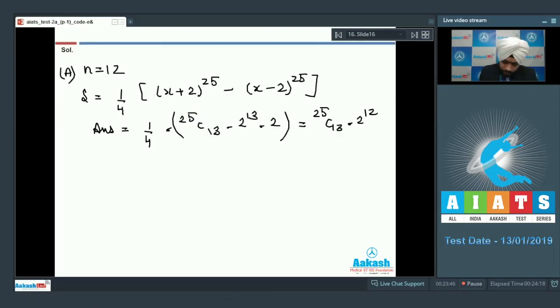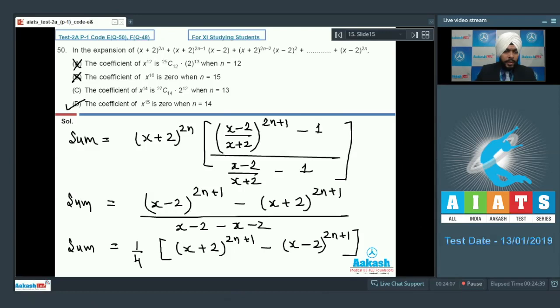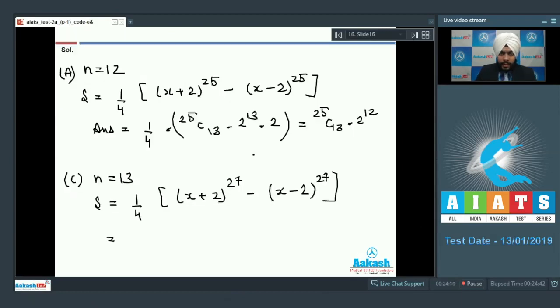Now let us put n equal to 13 for option number C. What is S? S will be 1/4 (x+2) raised to the power 27 minus (x-2) raised to the power 27. Remember students, always even power terms will be there, no odd power term. Coefficient of x power 14 is required. So let us gather the coefficient of x power 14.